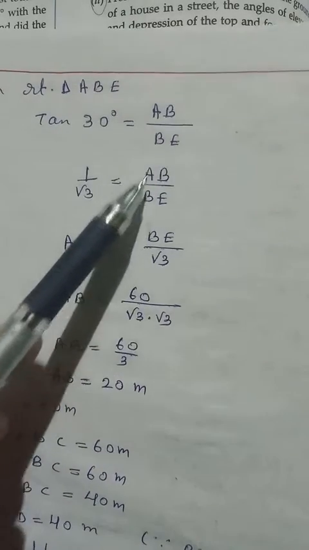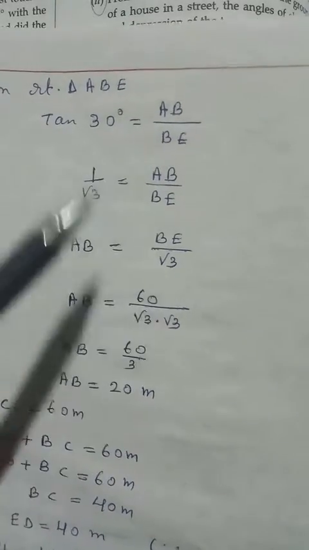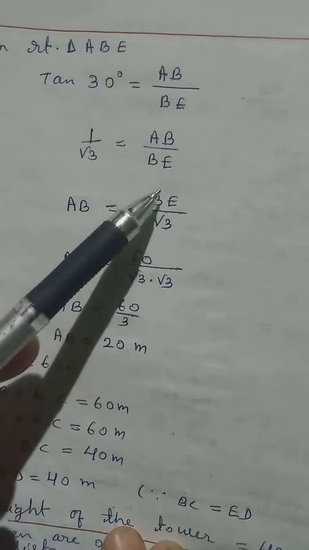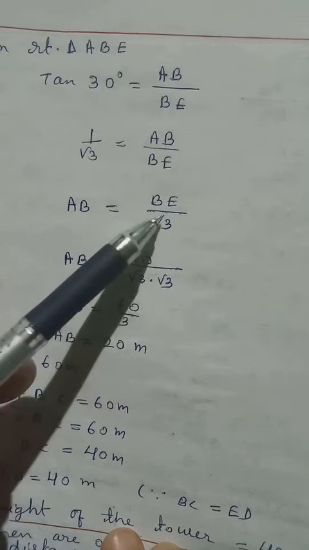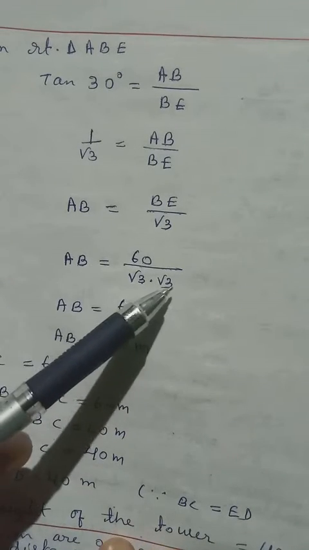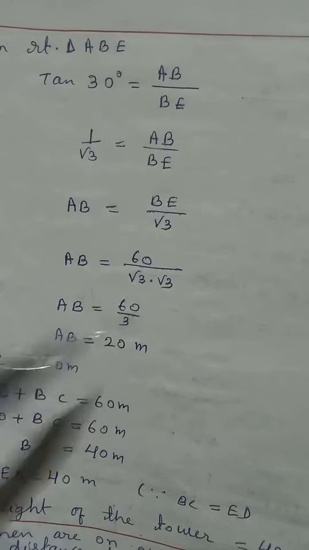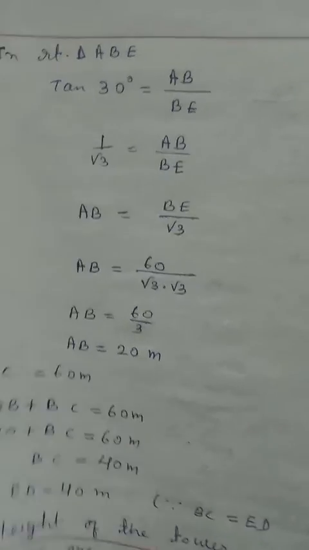We leave AB here, so it will become BE by root 3. Then BE we already have the value to be 60 by root 3, from equation 1. Then this root 3 comes from here. So root 3 into root 3 will be 3. 60 divided by 3, we will get AB equal to 20.